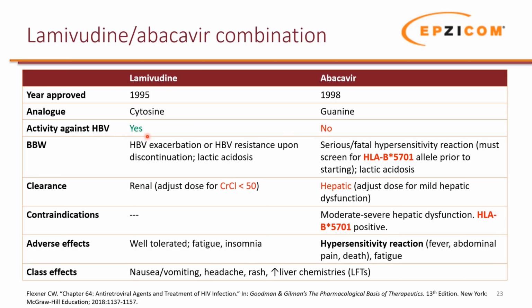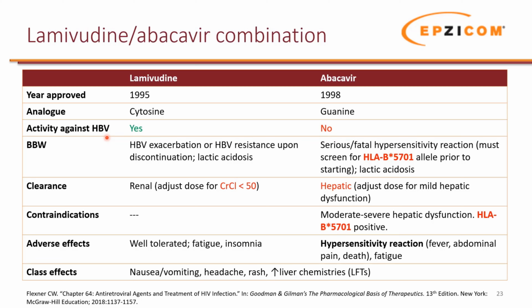So it's important to make sure that you are aware whether the patient also is co-infected with hepatitis B. Because, for example, if we are using something that covers hepatitis B and then later you decide to switch it to something that does not cover hepatitis B, the patient can have reactivation of Hep B and possibly Hep B flares, which could potentially be fatal.